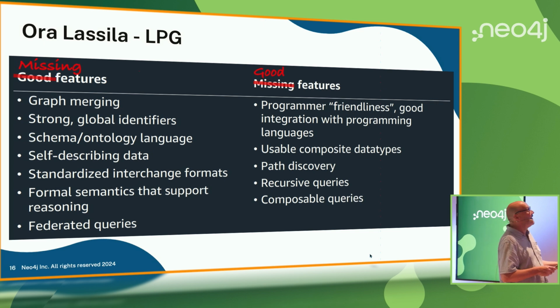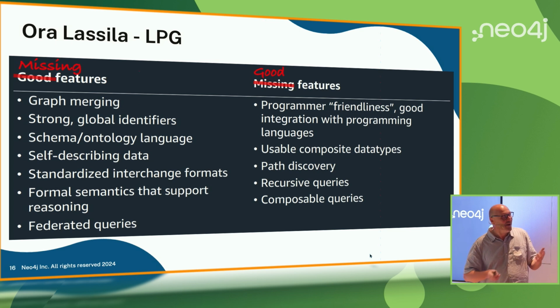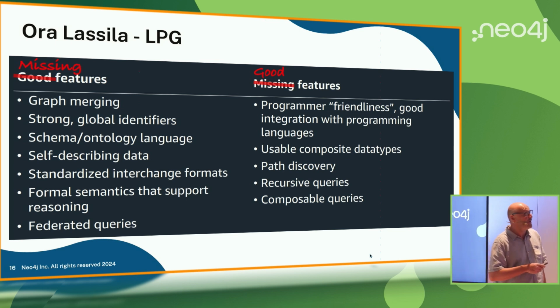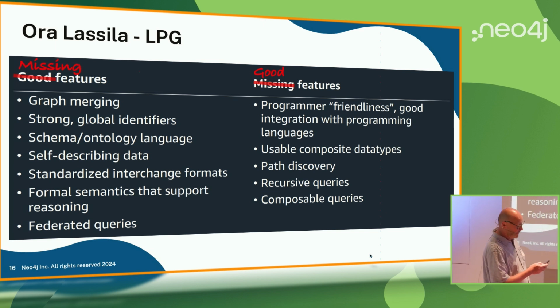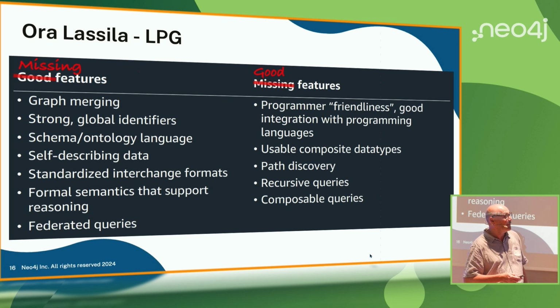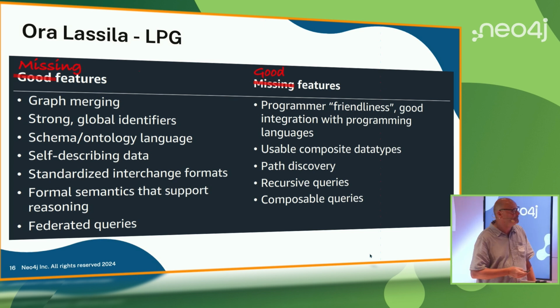We're trying to take the things which hopefully you have stored in your RDF world and bring those into the labeled property graph world, so we can bring on these good features, which are all about path discovery, composable queries, recursive queries, and all the analytics capability that we can do within the labeled property graph world.